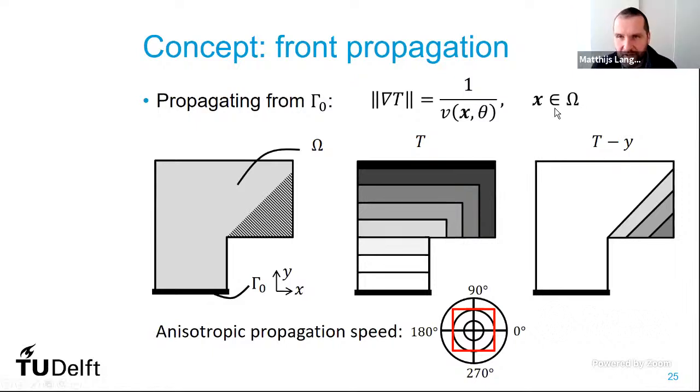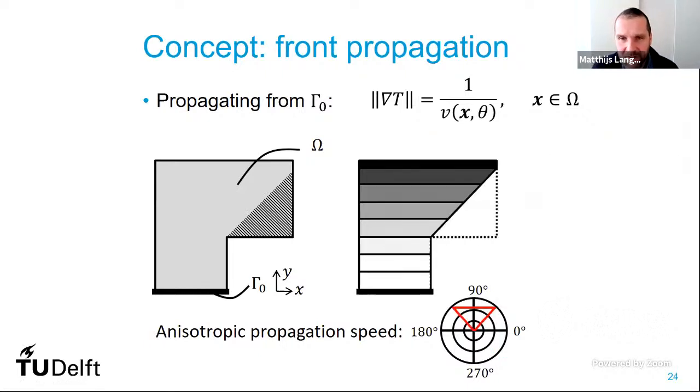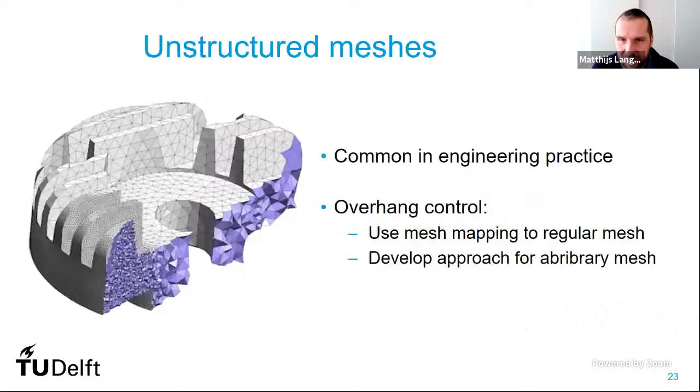Well, the reason is that we wanted to step away from the requirement of having a structured mesh, and then you can do a mesh mapping, like I said at the start. So basically, you take this mesh, you map it to a regular domain, and then you could do everything as before.